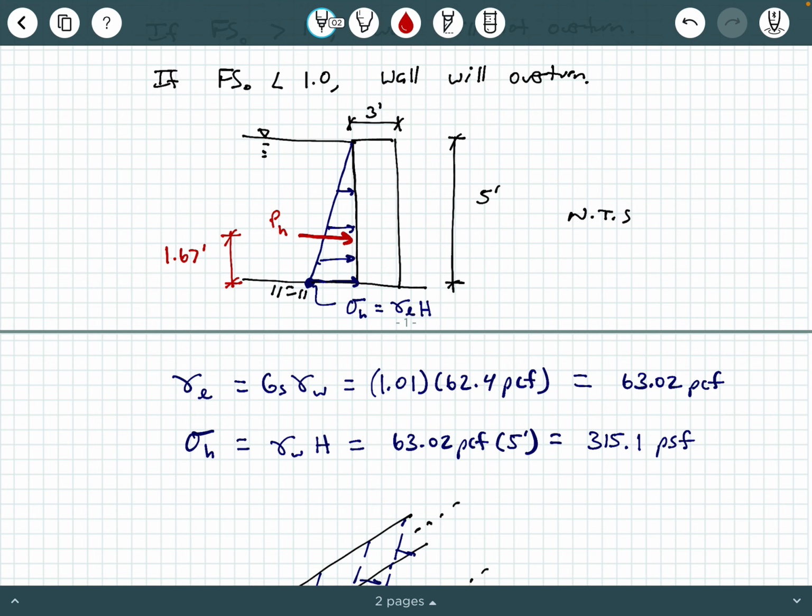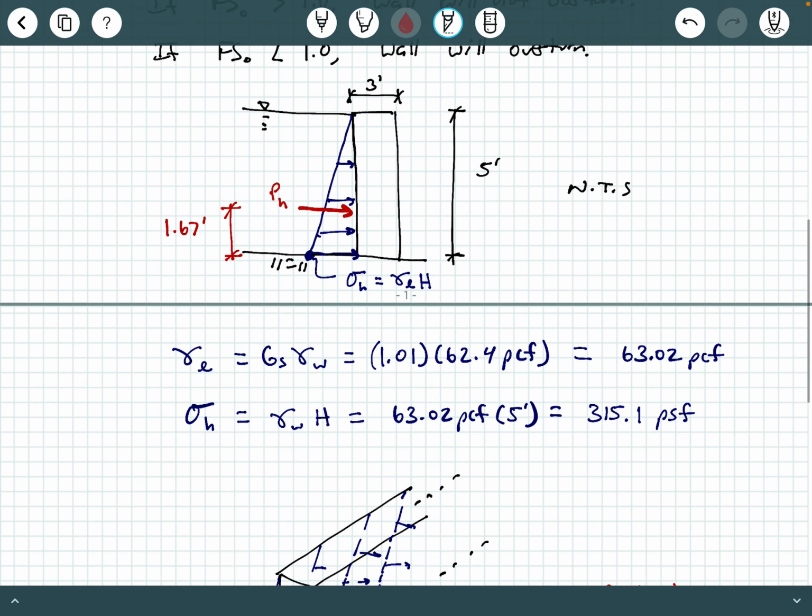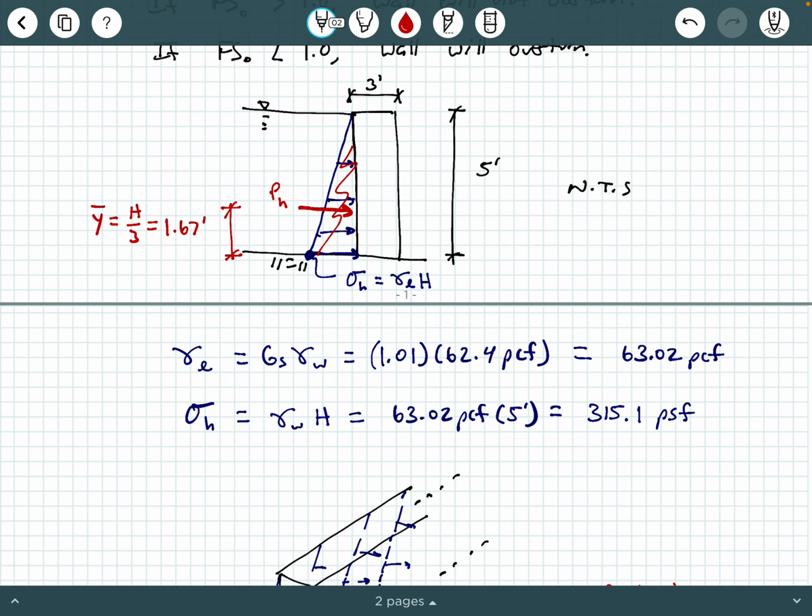Okay, now how do we get this equivalent point load right here, P sub H? Let me be a little more specific. This is maybe Y bar, and that equals H over 3 equals 1.67. There you go. How do we get P sub H? How do we get this equivalent point load here? Well, again, area of the pressure distribution.